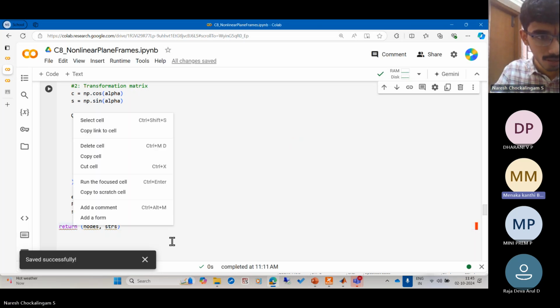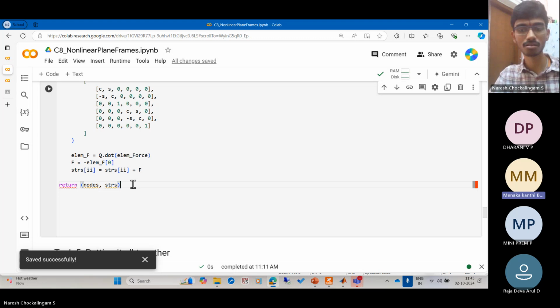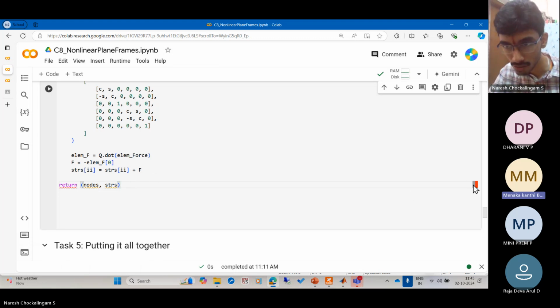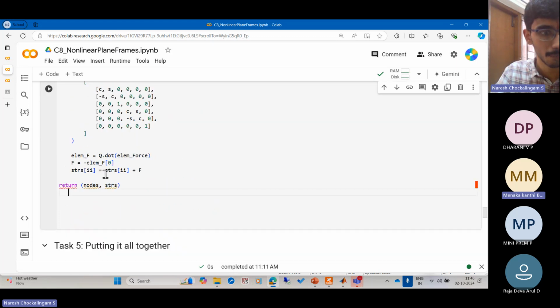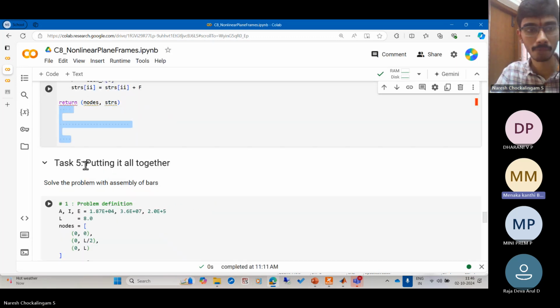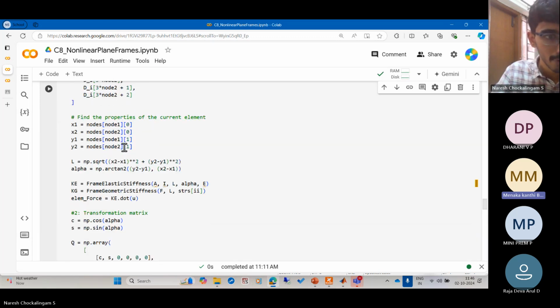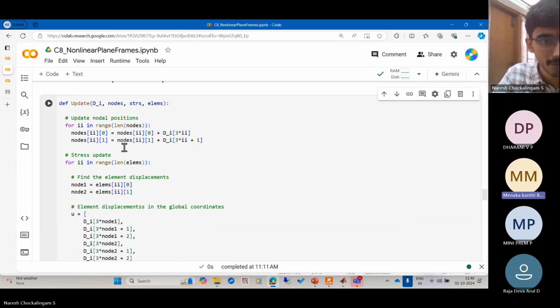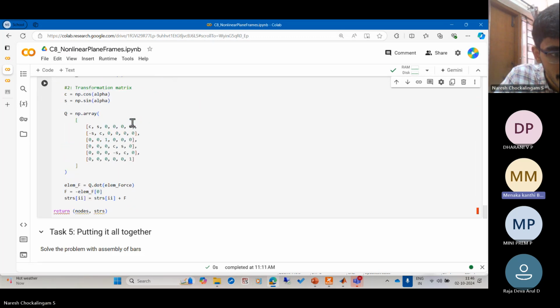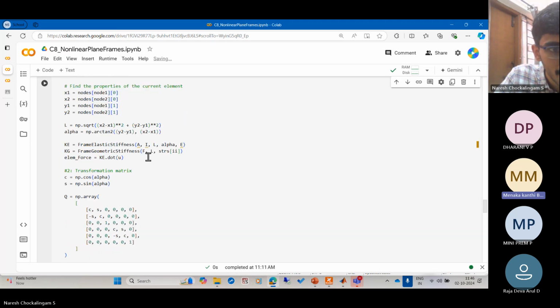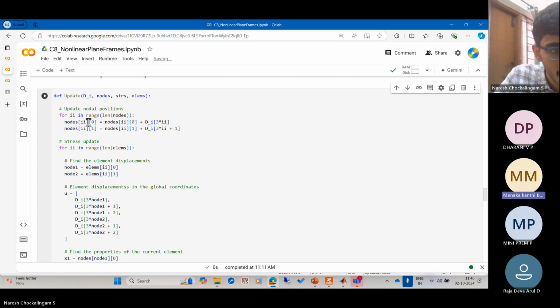What happened? Return can be used only once within a function. Okay, where is it used again? Is there a return anywhere? This is the function.